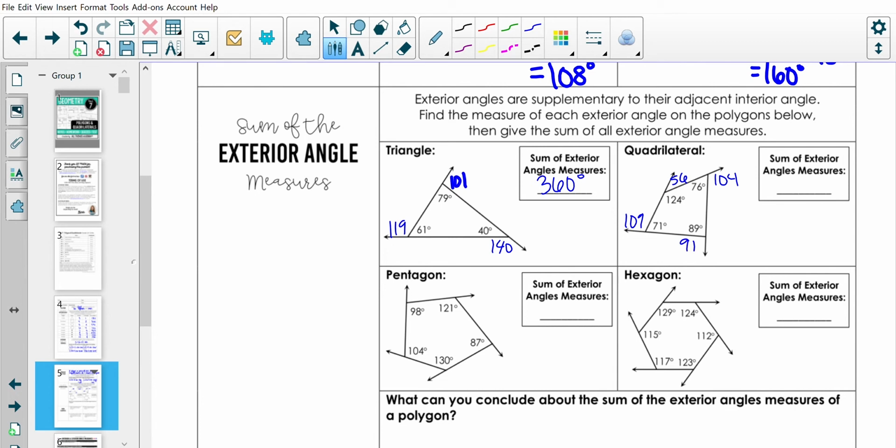And when I add them all up, it is 360. Is that what it's doing? Oh my goodness. That's not right. Then we messed up somewhere.